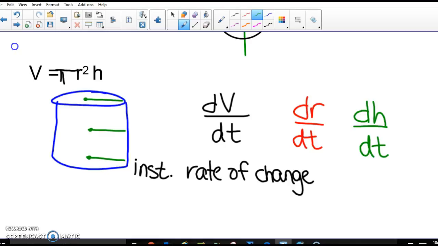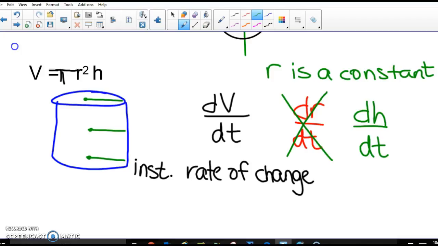The radius isn't changing. So what we're going to look at is what would the derivative be if the radius doesn't change, meaning there is no dr/dt in it, meaning that the radius is acting like a constant. But for the scenario that I have right now, the volume would change, so I would see dv/dt in the rate of change equation.